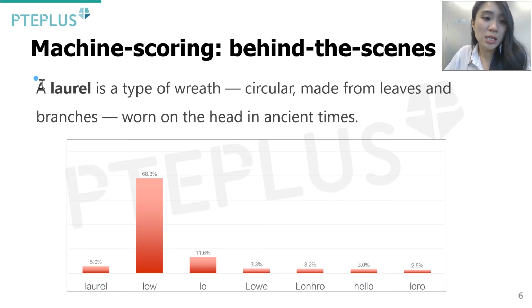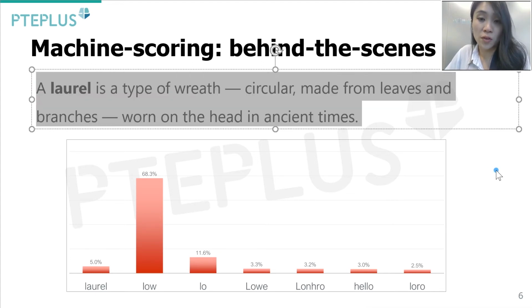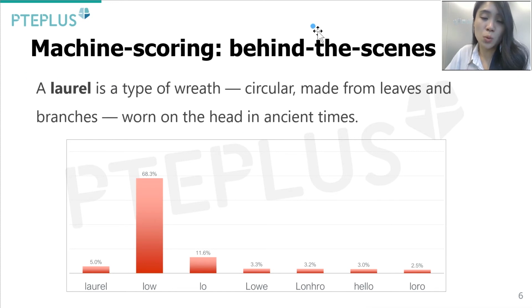Now, let's say you're saying this text over here, okay? Now, for each word, let's say they're listening to the word laurel, the machine will generate a list of possibilities that it thinks you might have said, okay? So it thinks here that you could have said laurel, you could have said low, lol, lonro, hello, loro. So all of these are the possibilities that it thinks that you might have said.